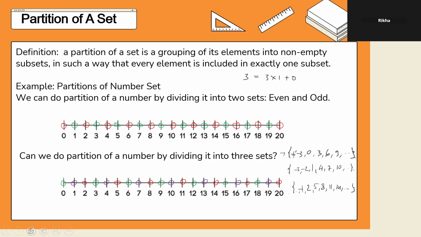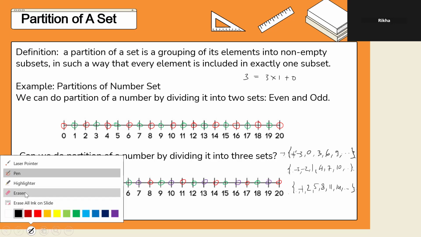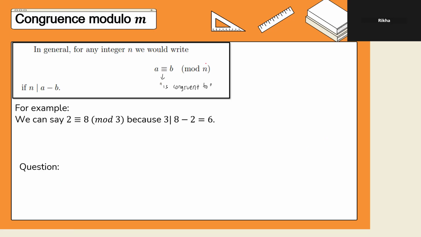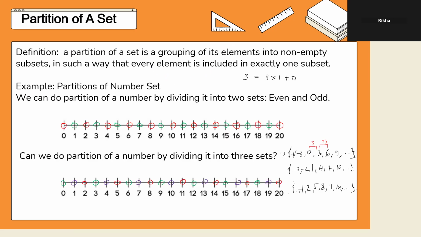When we talk about modulo 3, the difference between each number is always 3. So we call a is congruent to b modulo n when n divides a minus b. When we say congruent, it means that these two numbers belong to the same set of modulo 3.